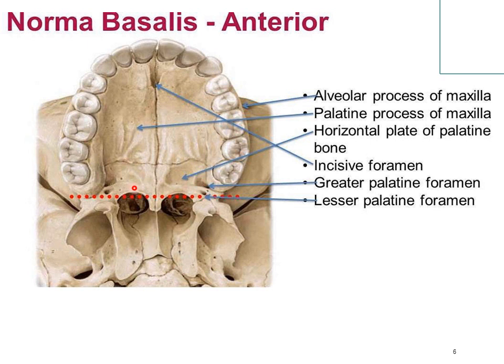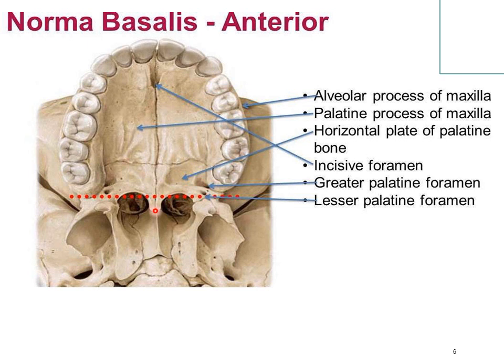So the posterior border of the horizontal plates of the palatine bones is free and forms the posterior margin of the hard palate. You can see here, they form the posterior margin of the hard palate, and in the midline the margin projects backwards and forms the posterior nasal spine.